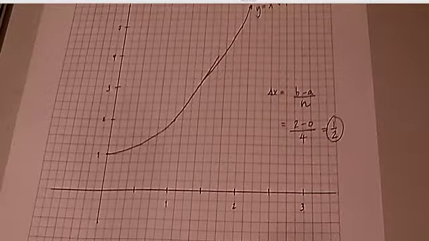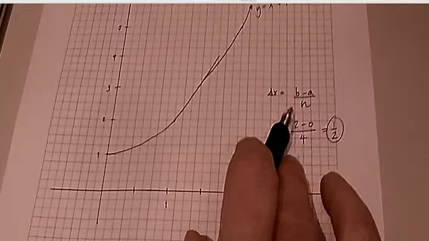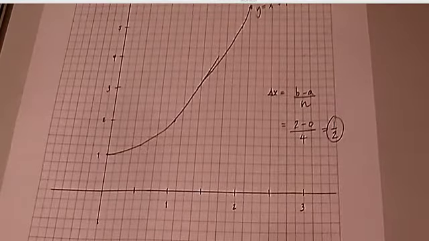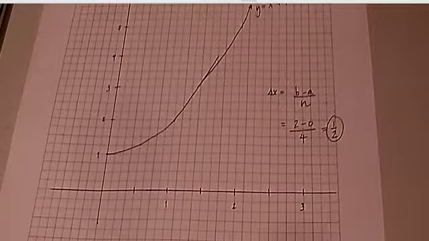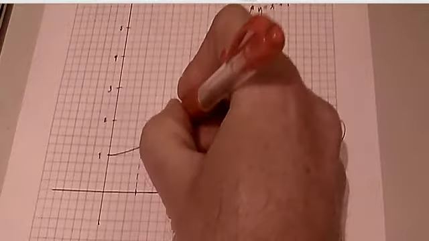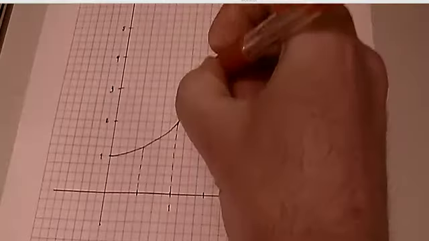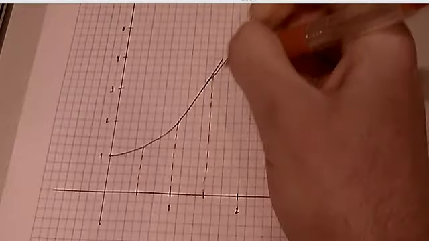I wouldn't memorize the formula so much as just understand that that just makes intuitive sense. Now, that means that each of our subintervals is going to be half a unit wide. Okay, and so that's our delta x. That's part of our notation as we move forward.